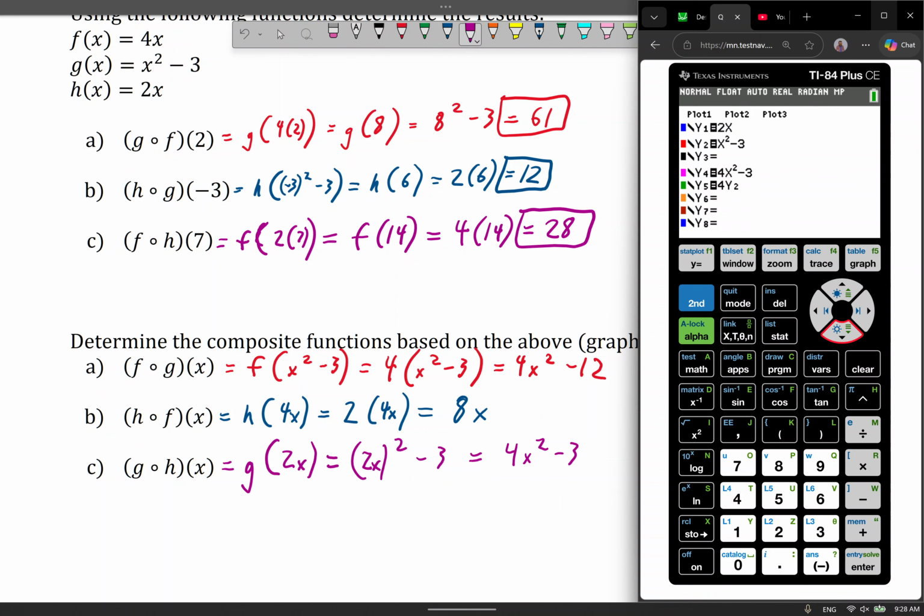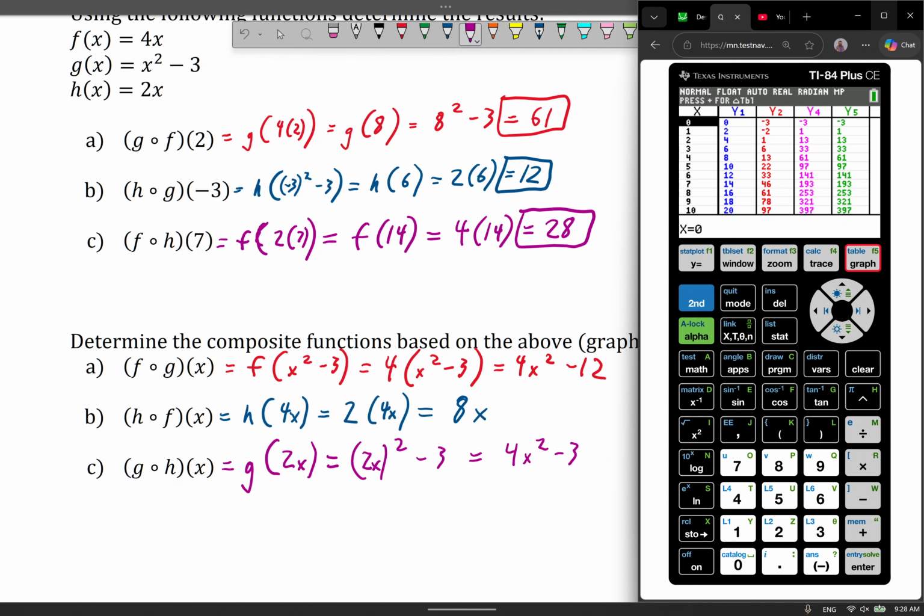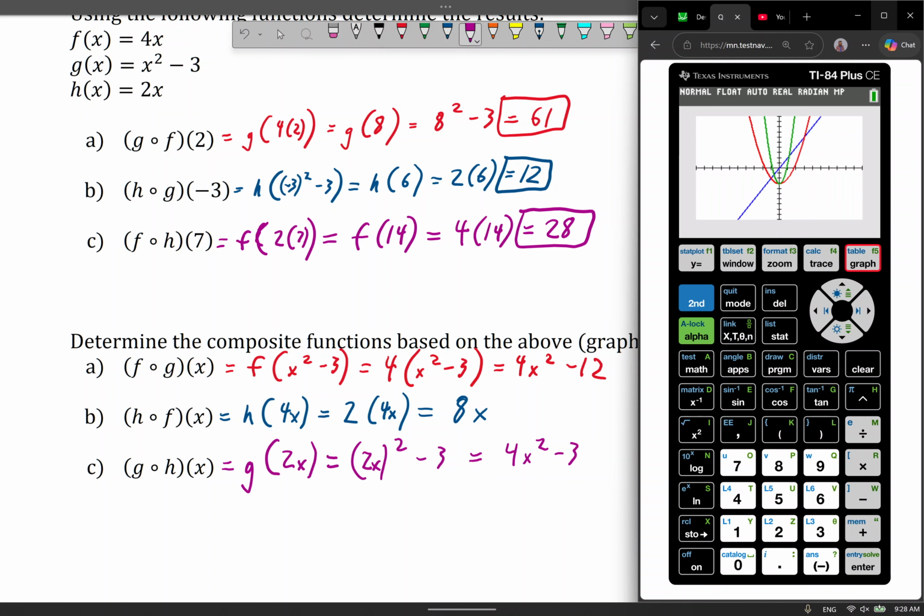And this should be y1, which is my h of x, squared minus 3. And you can see again the pink and the green overlapped completely, as you can see from the table of values as well. And so that's how we know we did it correctly.